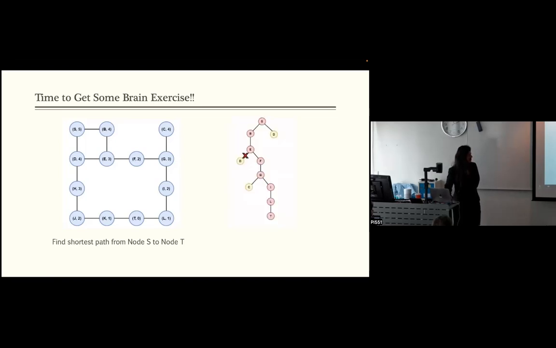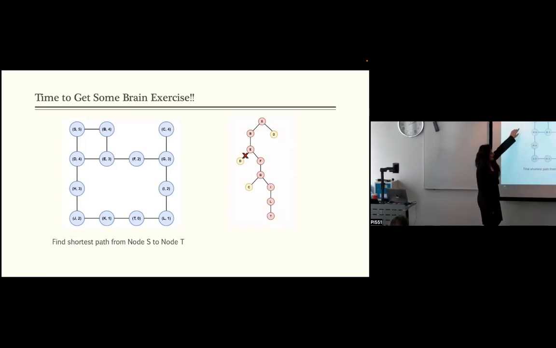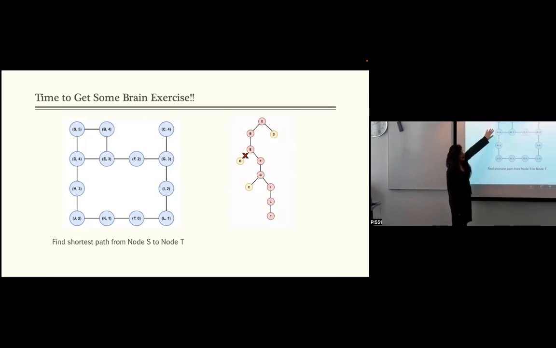So yeah, this can be a solution. We start with S, and what are the nodes adjacent to S? It's both directions with the heuristic value 4 and 4.